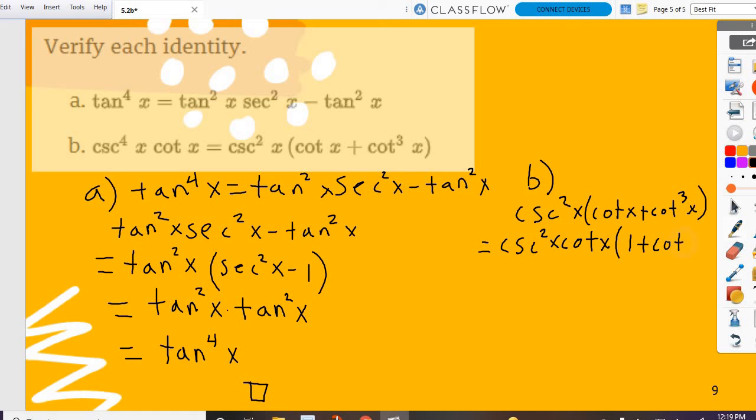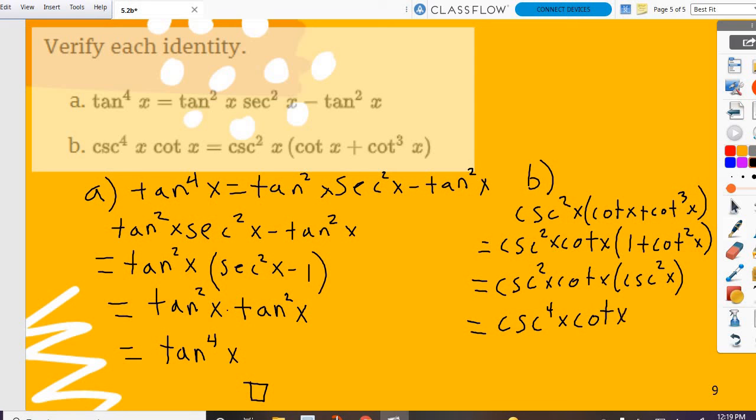Well, what is 1 plus cotangent squared? Cosecant squared. And what is cosecant squared x times cosecant squared x? Cosecant to the 4th times cotangent of x.